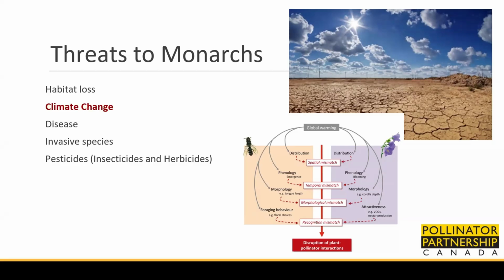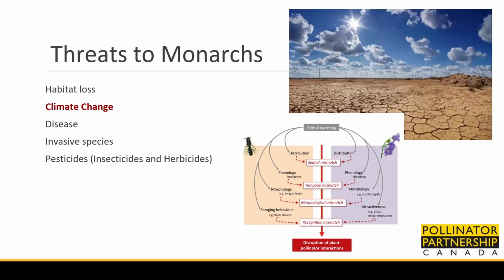A phenomenon known as phenological mismatch is when the development of plants and pollinators that has been linked through evolution start to dissociate, meaning that the connection between the pollinator emerging and the flowers blooming starts to separate in time. Global averages of dissociation have been calculated at 1 to 2 days on average. However, some species have shown as much as 10 days dissociation, which is disastrous for pollinator survival.